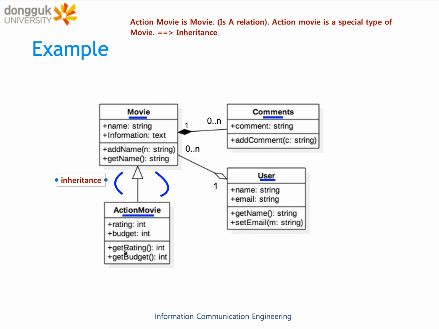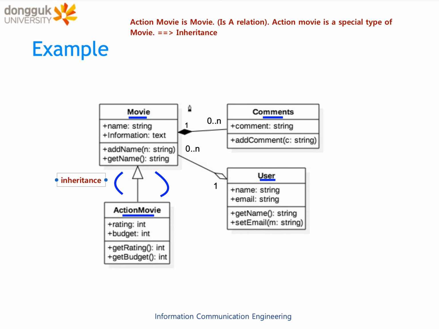This is the unique part, and this is the common part. As you can see in this picture, action movie has two variables, rating and budget, and a method for calculating the budget. But this is an inheritance relationship, so the action movie class has more variables like rating and budget, as well as name and information. Also, action movie has the method calculating budget as well as add name. Okay, this is an inheritance relationship.